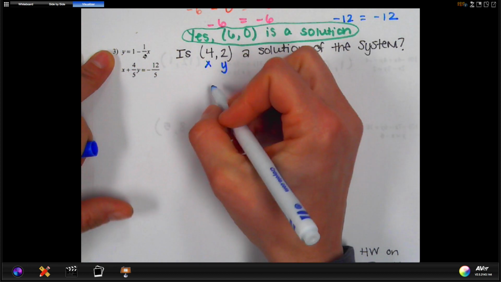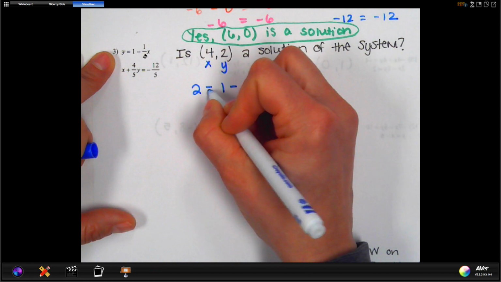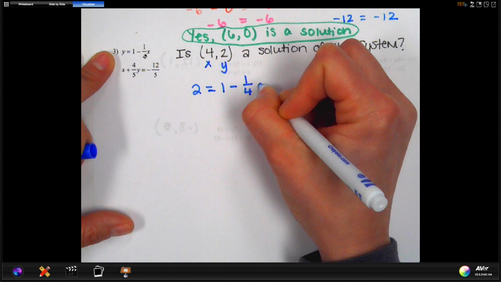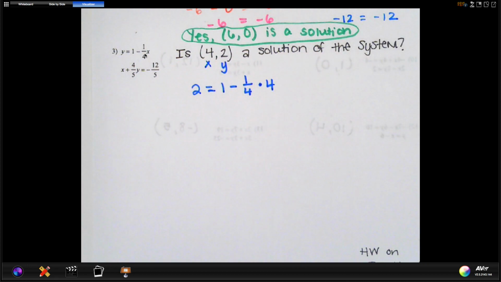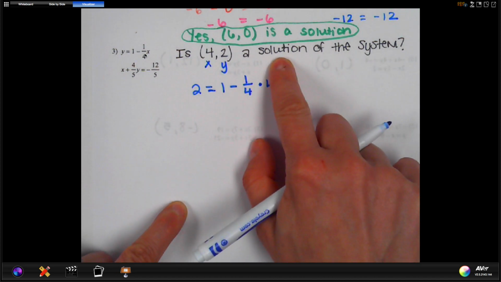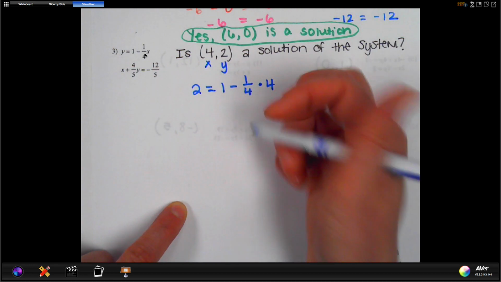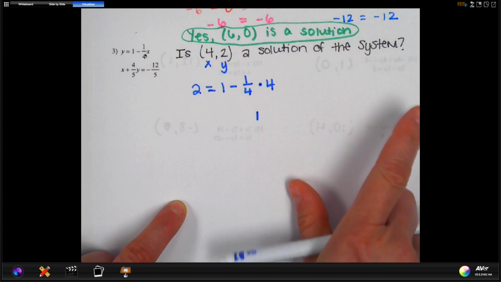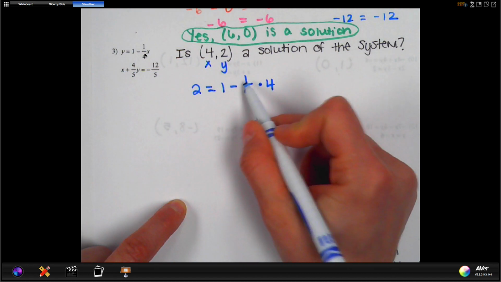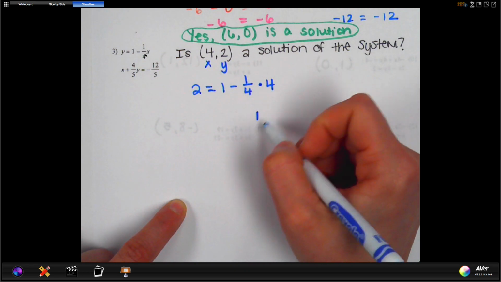So we're going to start with 2 equals 1 minus, and now we have a fraction in this as well, 1/4 times our x value of 4. Still have to use order of operations, so we have to do the multiplication first. So 1/4 times 4 is going to give me 1. You can either do that in a calculator or realize that this is really 4 over 1, and 1 times 4 is 4, 4 times 1 is 4, and we would get 4 over 4, which is 1.